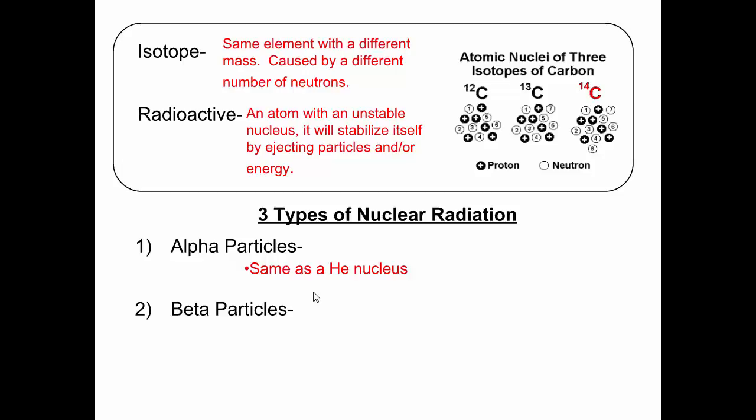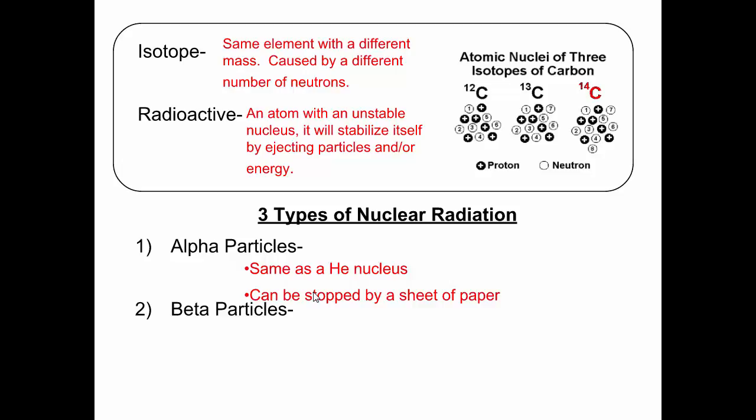Find helium on your periodic table. How many protons does it have? Great. What's its atomic mass? 4. Yep. Alpha particles are relatively large compared to the other types, and they can be stopped fairly easily from penetrating into something.